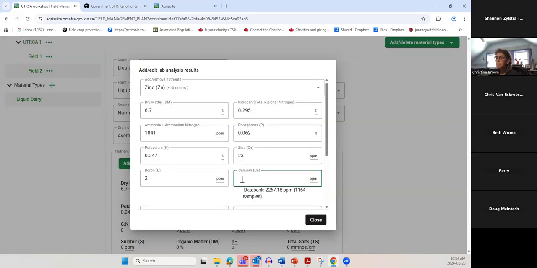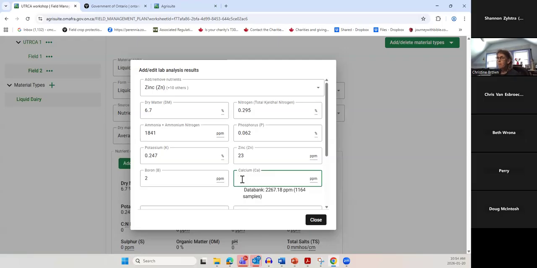So calcium on the manure analysis, the calcium came up as 4.07%. But in AgriSuite, because we have the greenhouse feed water and those nutrients are so small, they had to put everything into parts per million.